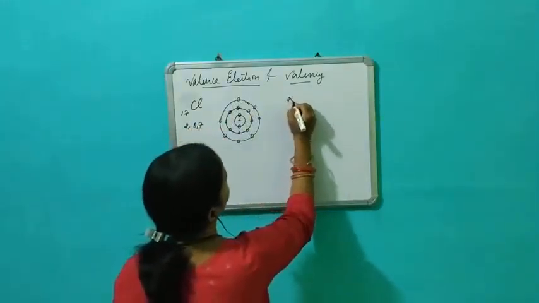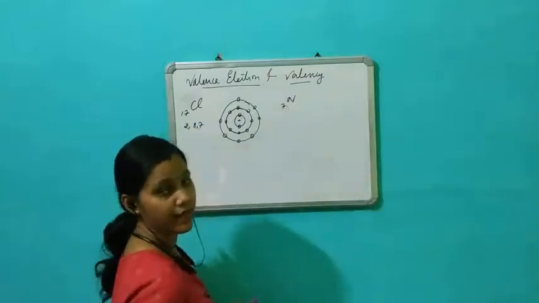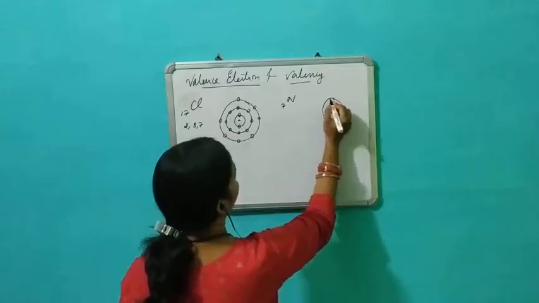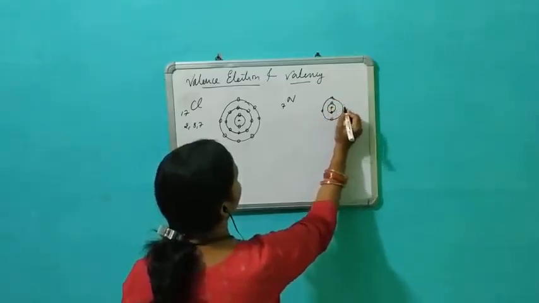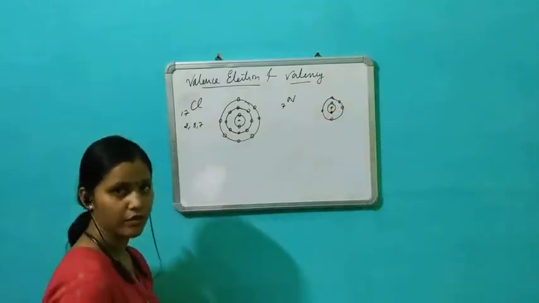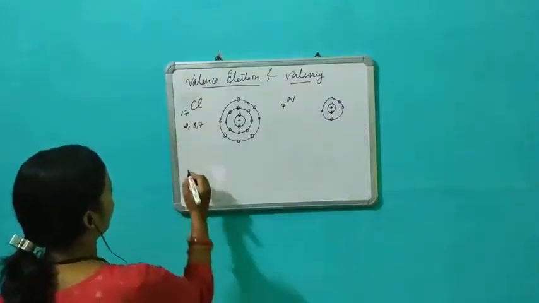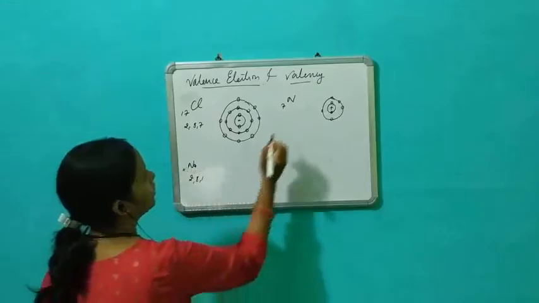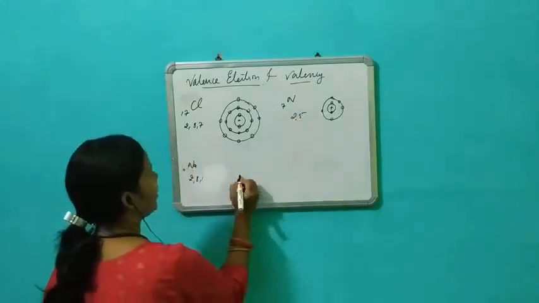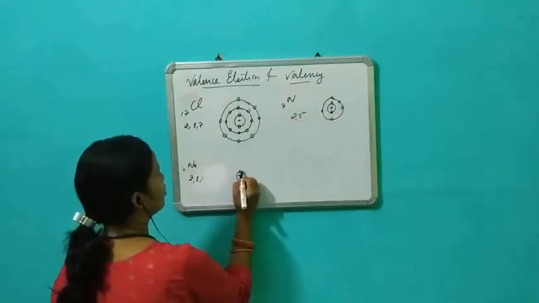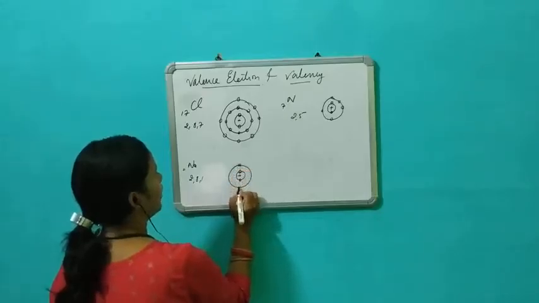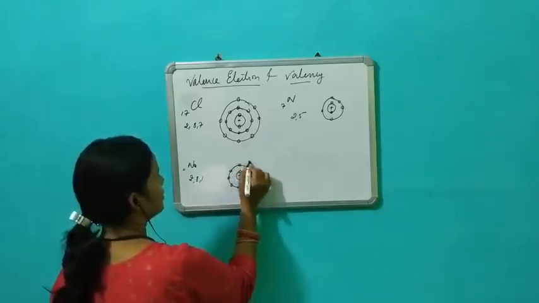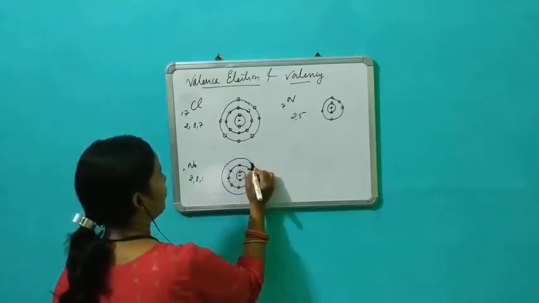If I draw nitrogen, that is 7, the structure will be 1, 2, then 1, 2, 3, 4, 5. This is 2, 5. If I draw sodium, that is 11, 2, 8, 1.